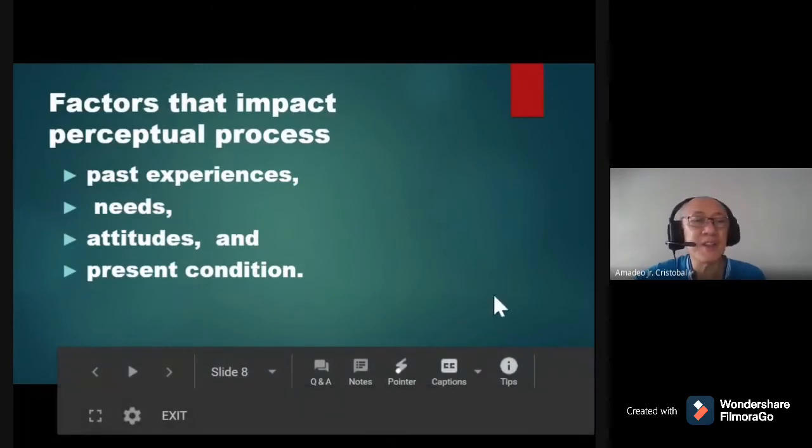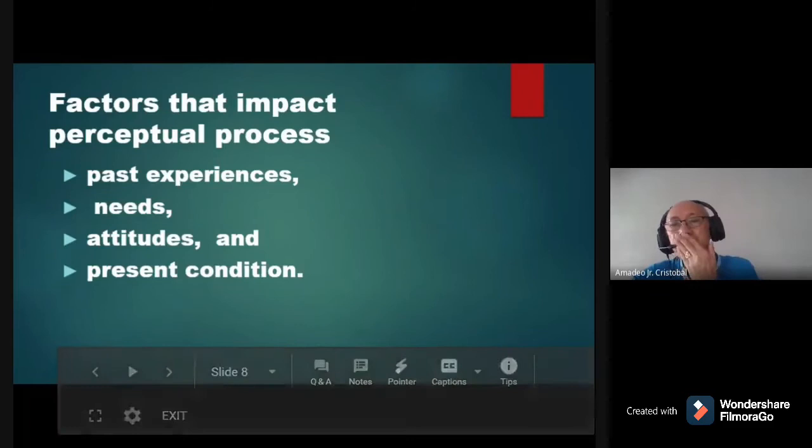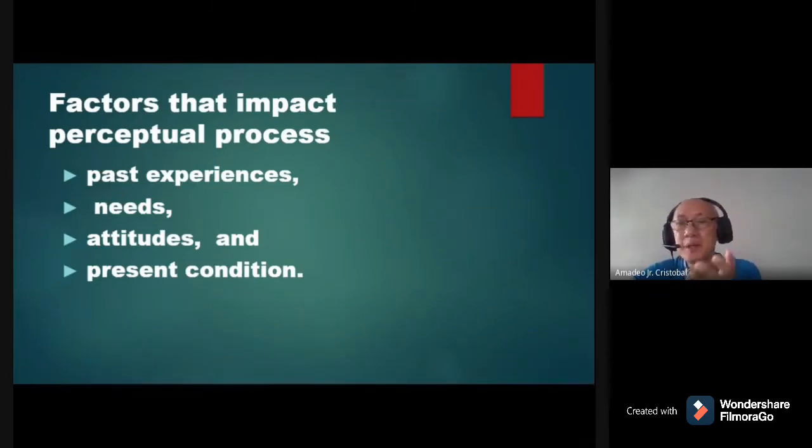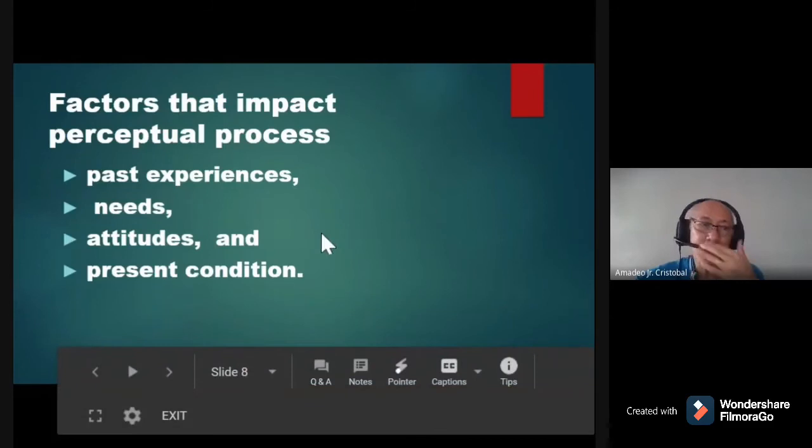Okay, so the factors that impact the perceptual process. Even though, say for example, the 10 of you are active learners, there are still many factors regarding the level of perception or the level of understanding. Number one is your past experiences.